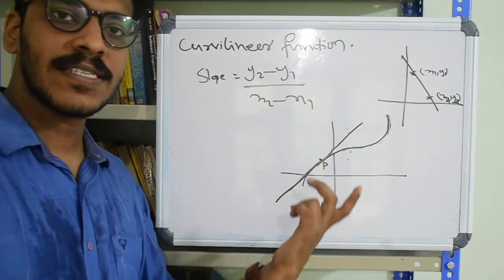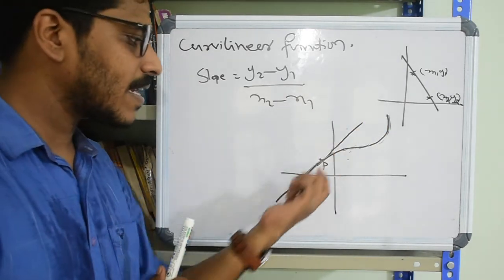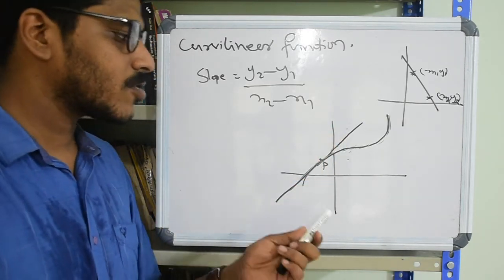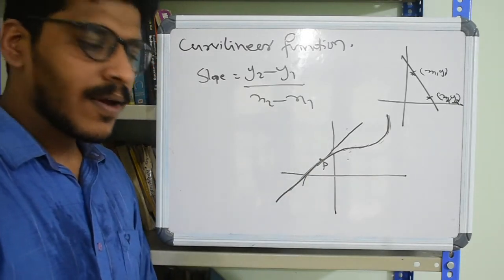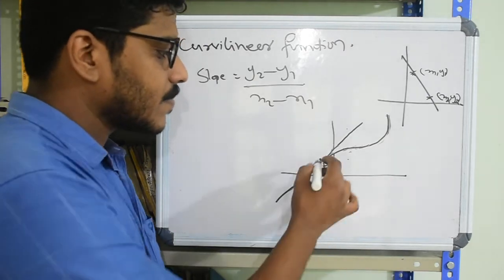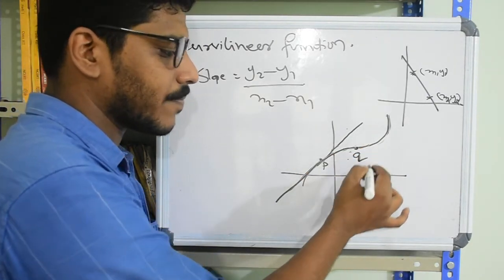Now we know how to find the slope of a straight line, and a tangent line is a straight line. But since we don't have enough information about the tangent line, it becomes a little more complicated to find the slope of the tangent line algebraically. Here we make use of a technique. We have a point P here. Suppose I choose a point Q here.